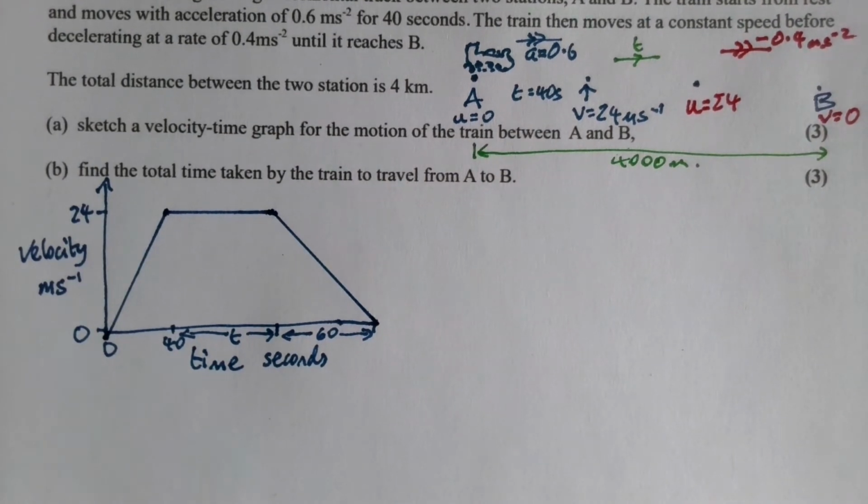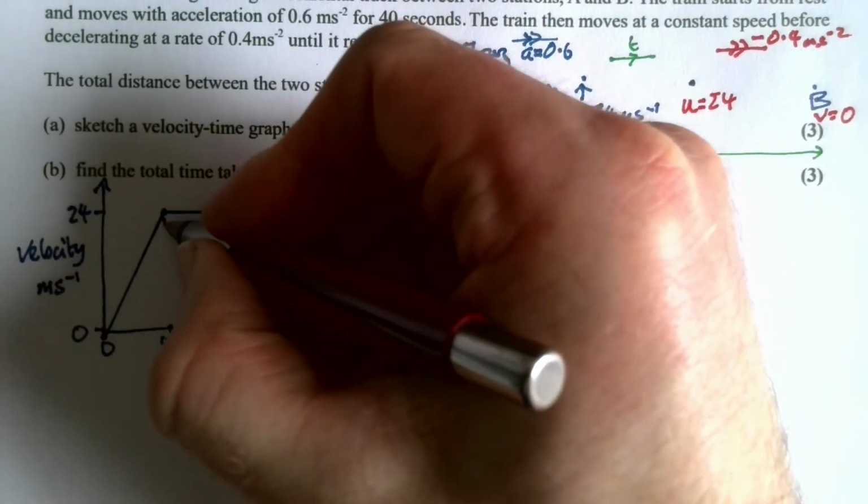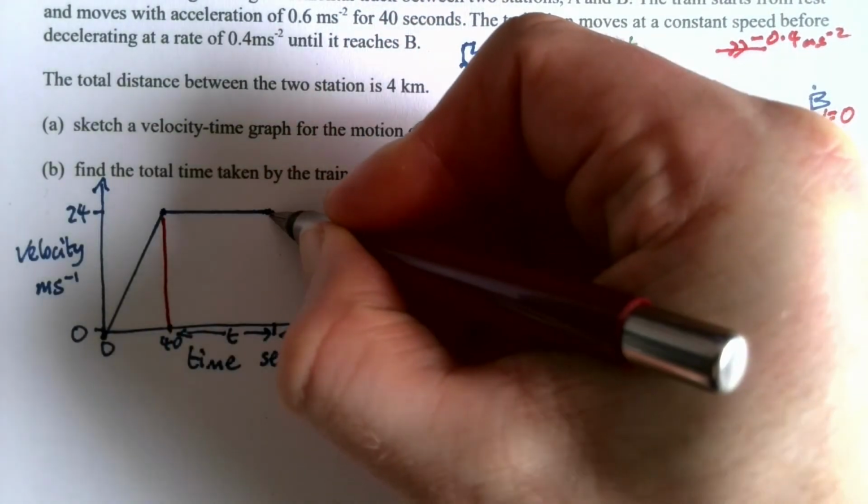That's sketched our velocity time graph, and that should be useful now to work out part B. So if you haven't done that yet, pause the video and have a crack at that before watching what I do. I'm going to start by splitting it into 3 zones.